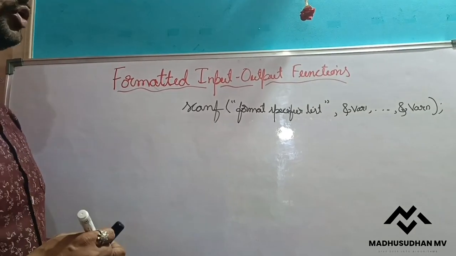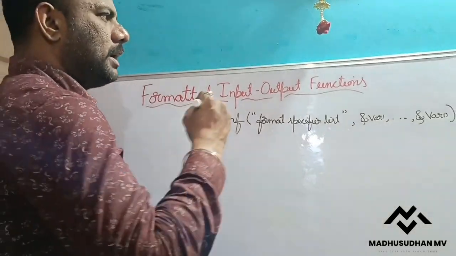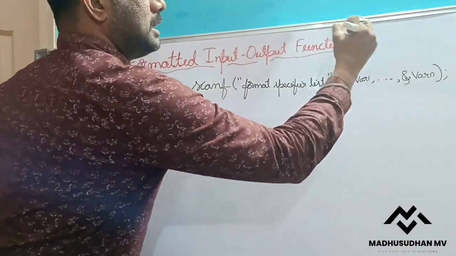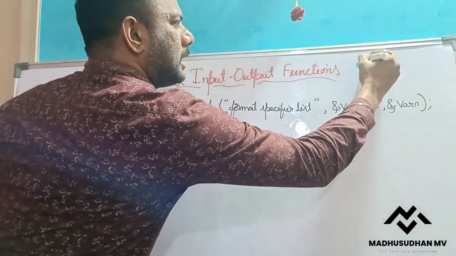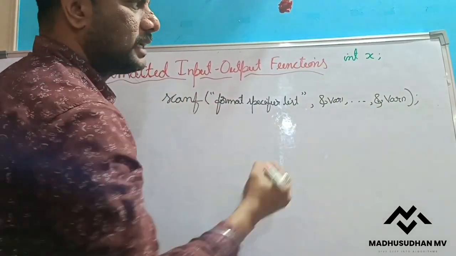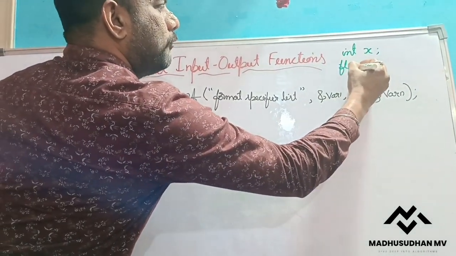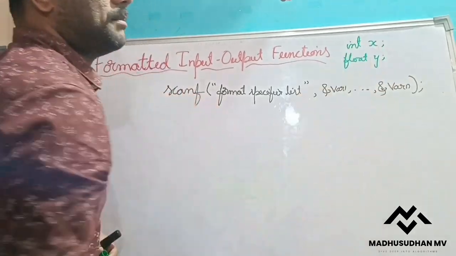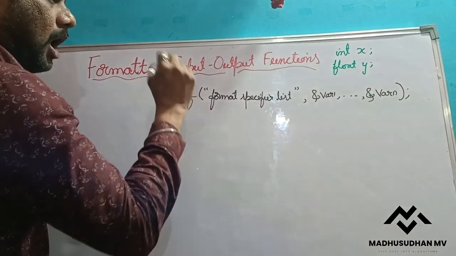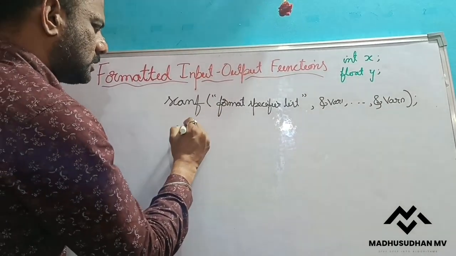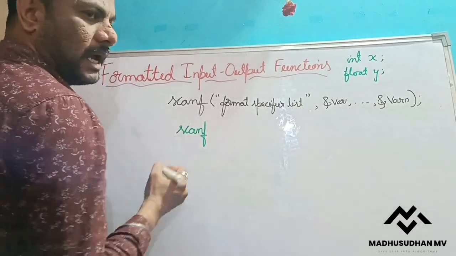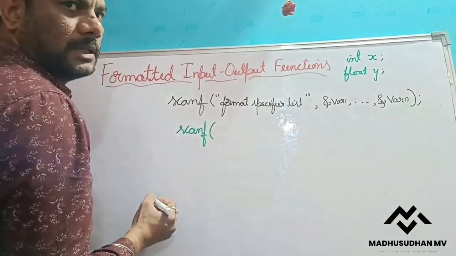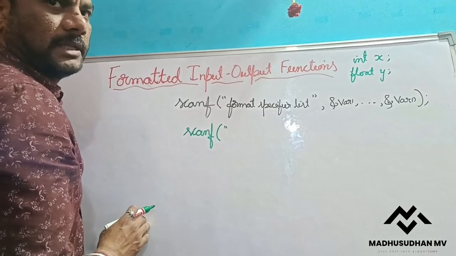For example, assume I have used 2 variables. In my program I declared one variable as int x and another as float y. Now, how do we read the values for these? Scanf, then open the bracket and open the double quotes.